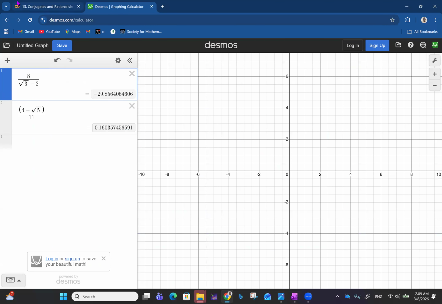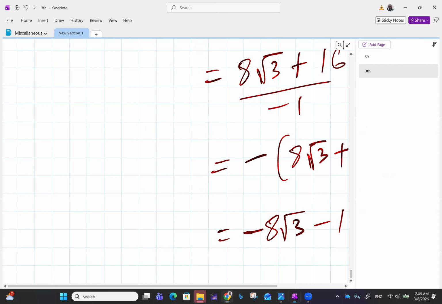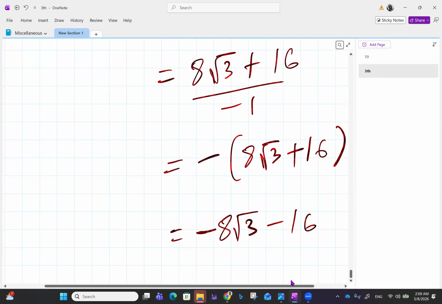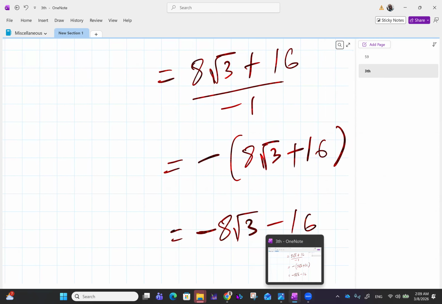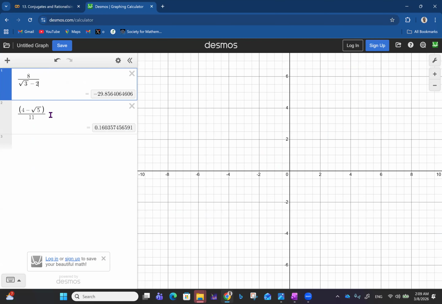And the result we got now is minus 8 root 3 minus 16. So that's minus 8 square roots of 3 minus 16. You see exactly the same, minus 29.85, minus 29.85.